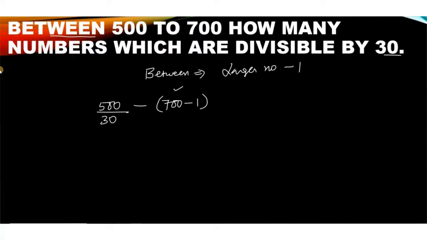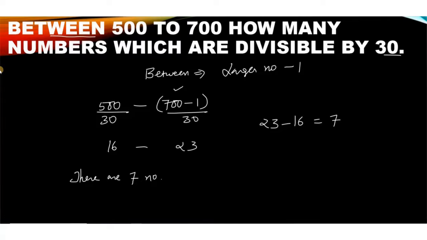When you do the division work, this will be 16 and this will be 23. So 23 minus 16, so 7. So there are 7 numbers which are divisible by 30 from between 500 to 700. Clear?